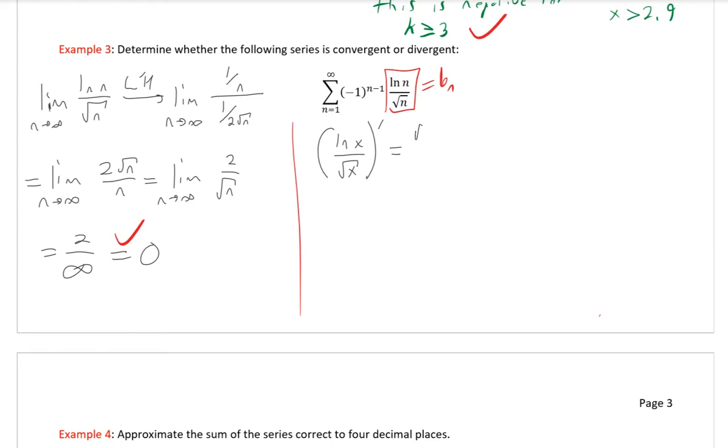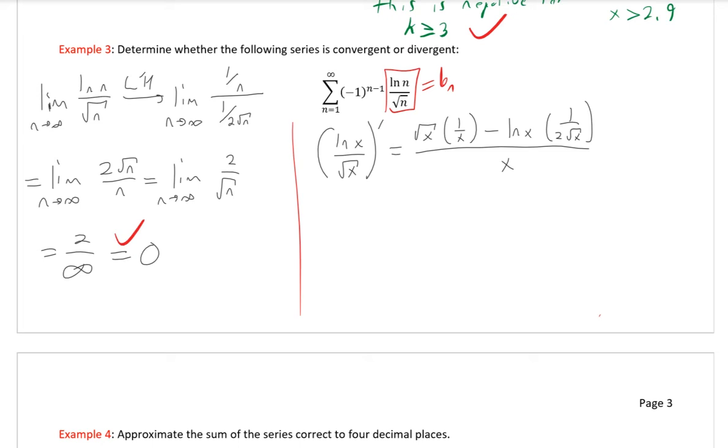Low d high, so square root of x times the derivative of the top, which is 1 over x, minus high d low, so natural log of x times the derivative of the bottom, which is 1 over 2 root x, divided by the bottom squared, which is square root of x squared, which is x. This simplifies pretty nicely.